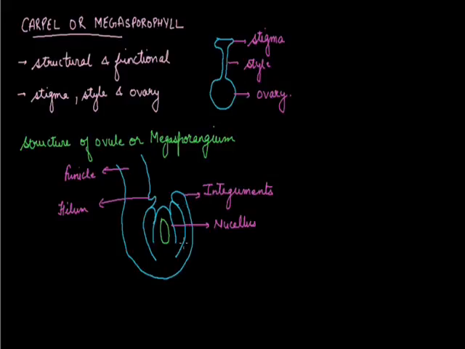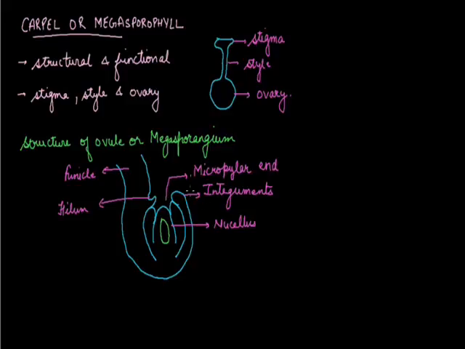Integuments encircle the ovule except at the tip, where a small opening is present, which is known as the micropylar end.